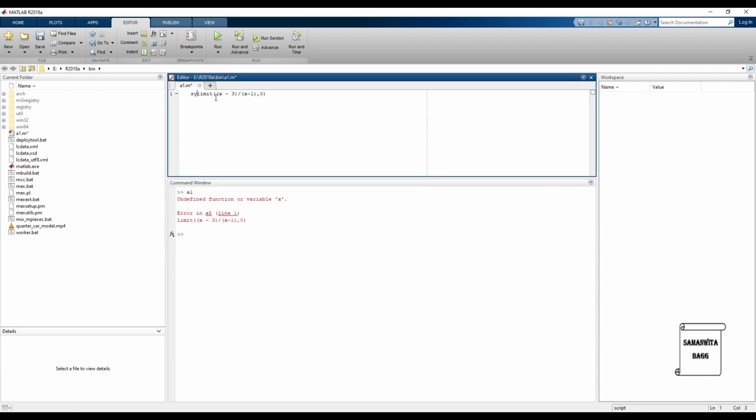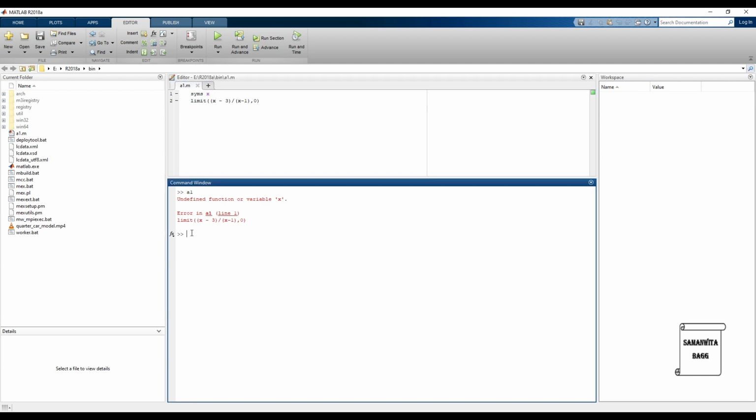In MATLAB, by default, the variable is assumed to be x. Hence, when I was directly writing this equation, it was not required to declare the variable. Here, I'll have to declare it. So I'll just run the program once again. I get the answer as 3 when x is 0. You can see 0 minus 3 is minus 3 and 0 minus 1 is minus 1. So what remains is only 3.